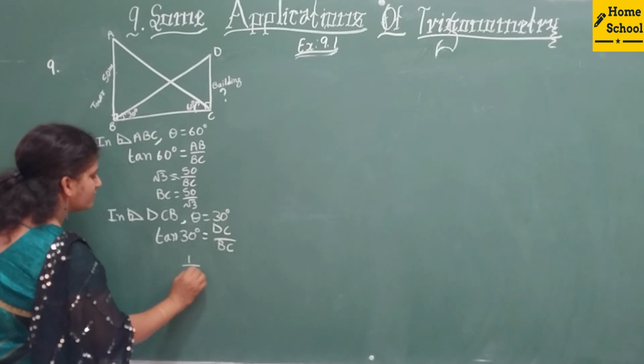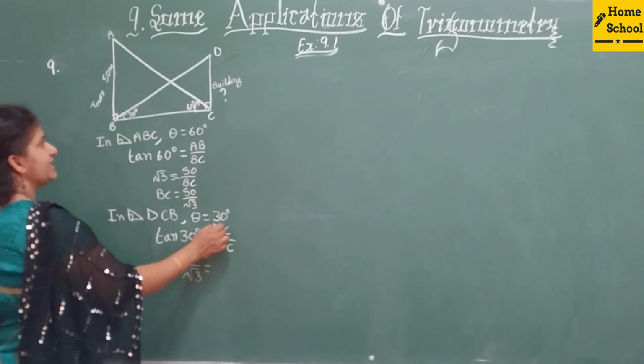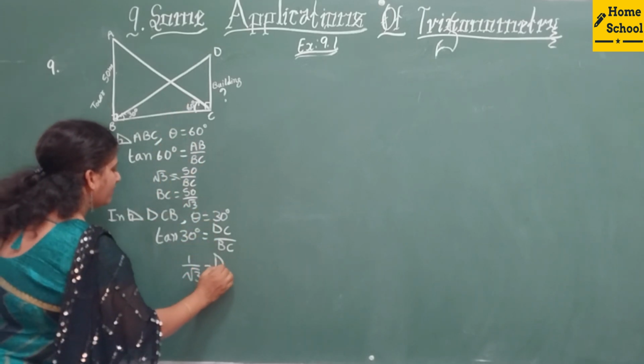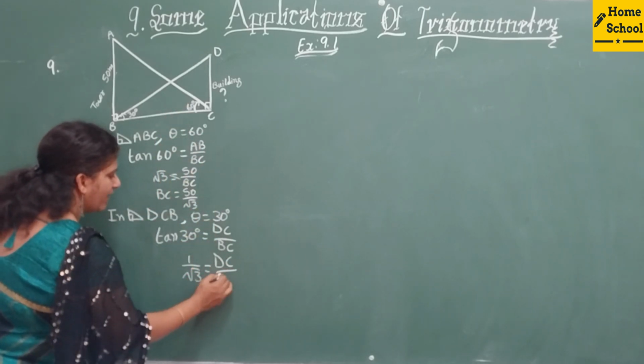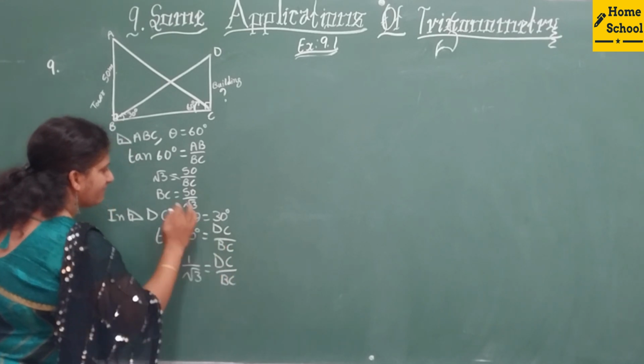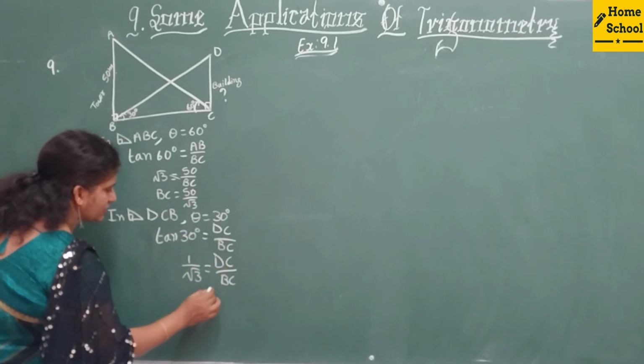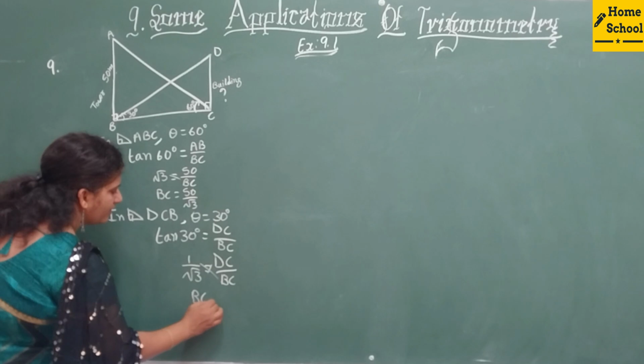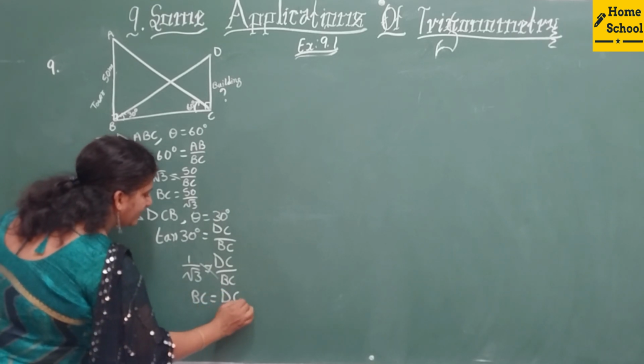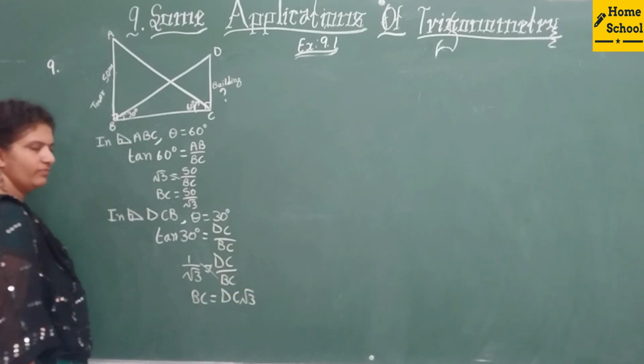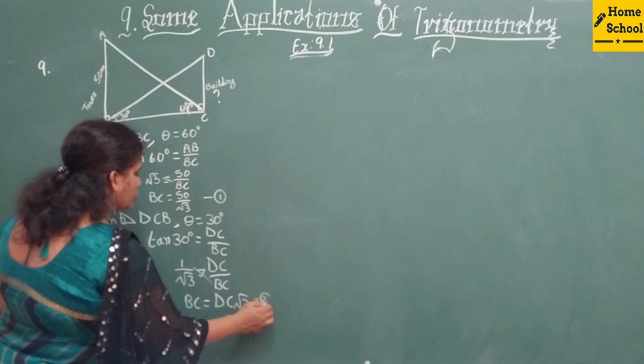Tan 30 value is 1 by root 3. DC, I don't know DC. Let me write DC as it is by BC. BC value we know. Later we will substitute. Cross multiply. BC is equal to DC into root 3. Mark this 1. Mark this 2.